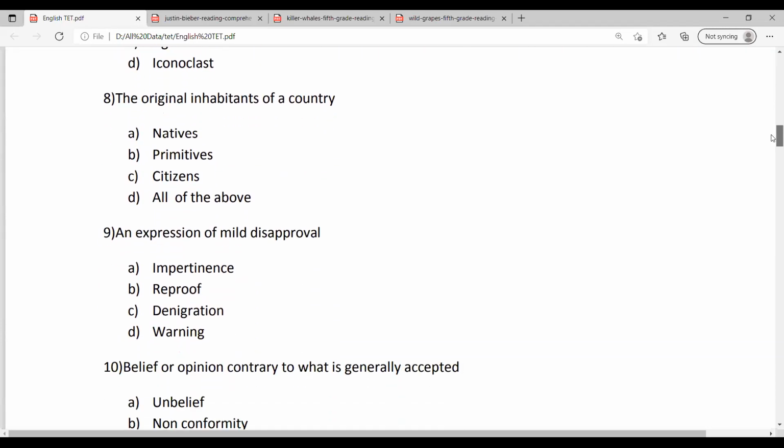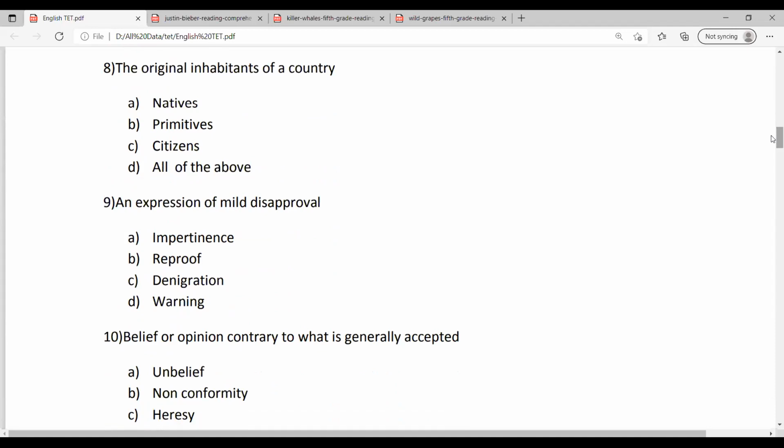Now see, the original inhabitants of a country. Native. Original. See, here, what's the confusing word? Primitive. You can get confused, but primitives may not be it. There are primitives in different regions, but even if I am a primitive of a particular region, I will remain a primitive for other places also. Native means I belong to that particular region originally.